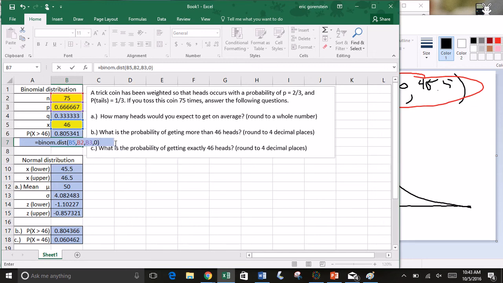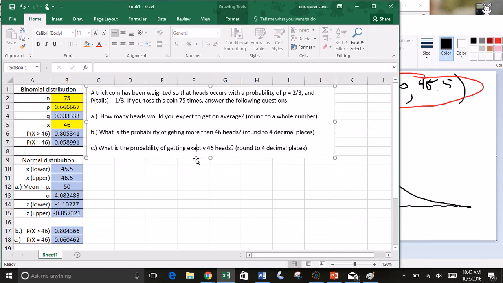We just want x equals 46 exactly. So 0.059, 0.060. So again, we're within about 1/1000th of the value when we approximate. So this looks good. Our approximations are very close in both cases, within 1,000th of the actual value.